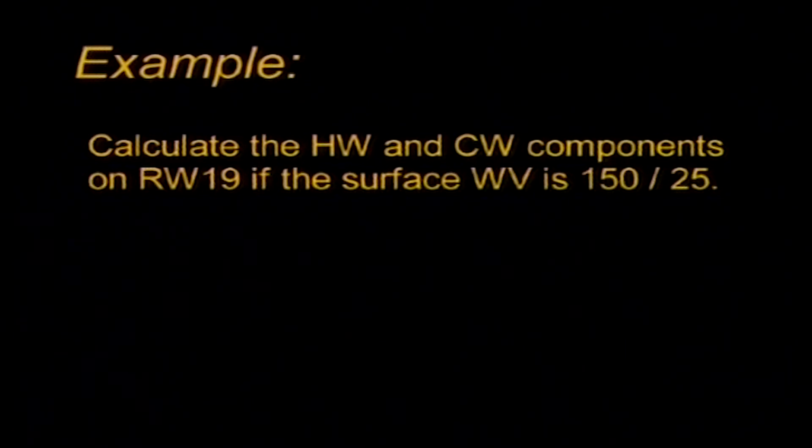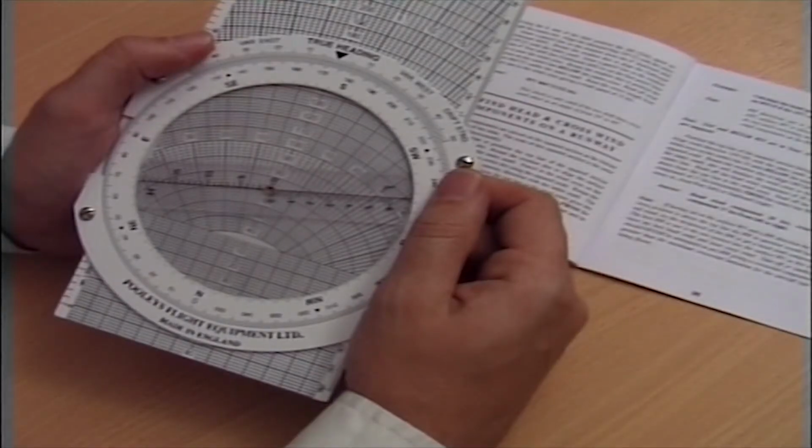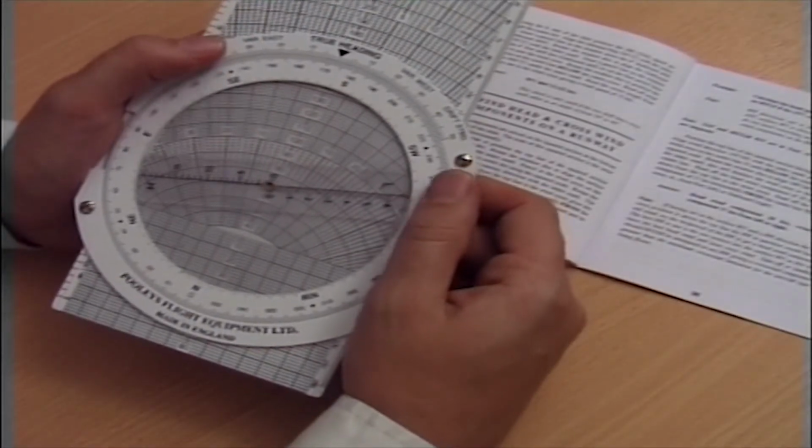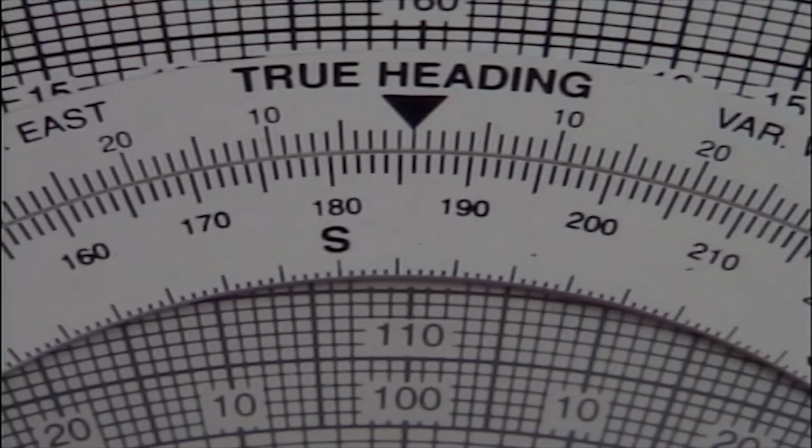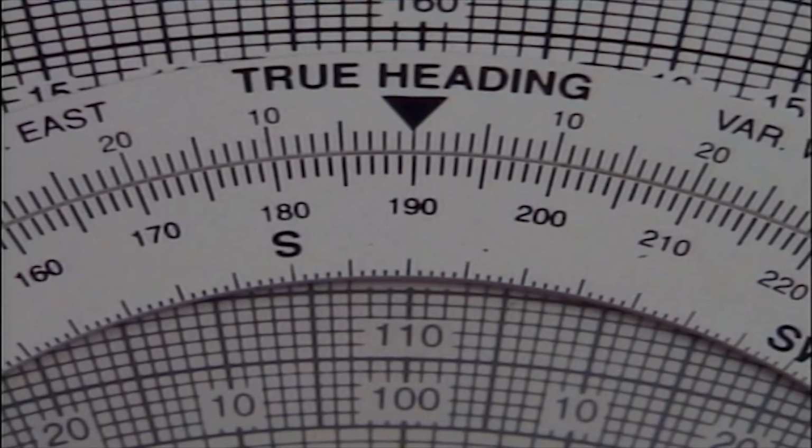Headwind and crosswind components on a runway are solved on the squared section at the bottom of the slide. For example, calculate headwind and crosswind components on runway 19 with a surface wind of 150/25 knots. Move the inner scale so that the runway direction of 190 degrees magnetic is positioned under the true heading index.